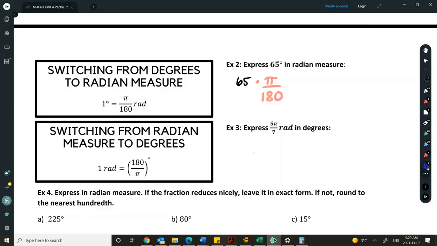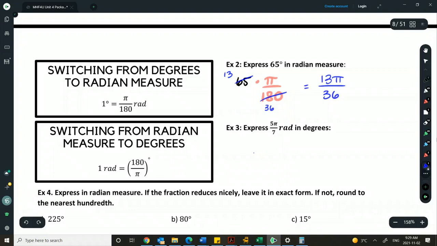I think we can divide 5 into both of these. That's what you were going for. So if I divide 5 into both of these, then I will have 13 left here and 36. So this will be 13 pi over 36 radians.